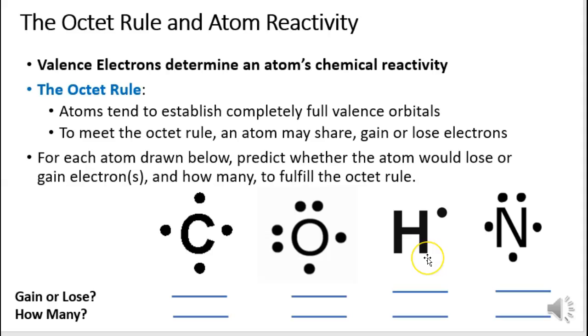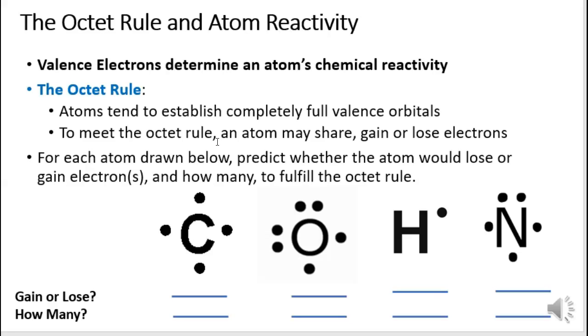It can only fit 2, but it wants to fit 2. Carbon has 6 electrons total, but 4 in its valence. That tells us right away it can accept 4 more in that valence orbital. To meet the octet rule, an atom might share, gain, or lose electrons. And it does so by interacting with neighboring atoms.